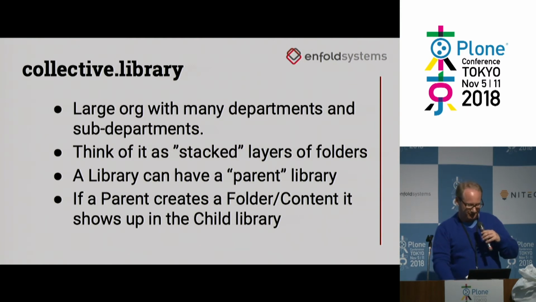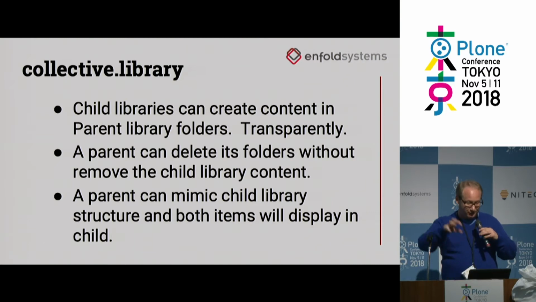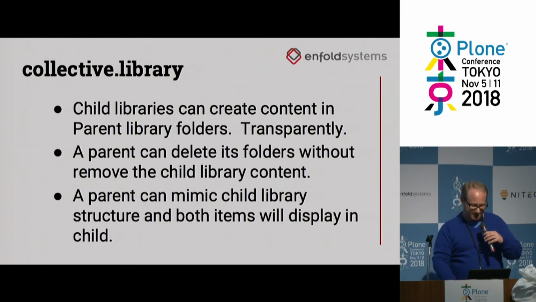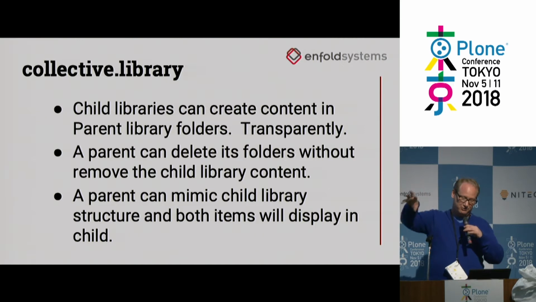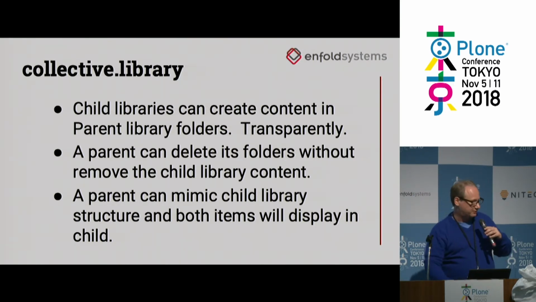It's really, really interesting. So if a parent creates a folder or a piece of content, the child libraries will automatically see it. Child libraries can also create content in the parent libraries transparently. A parent can delete its folders without removing the child library content. And a parent can mimic a child library's structures, and then things will automatically show up in both.